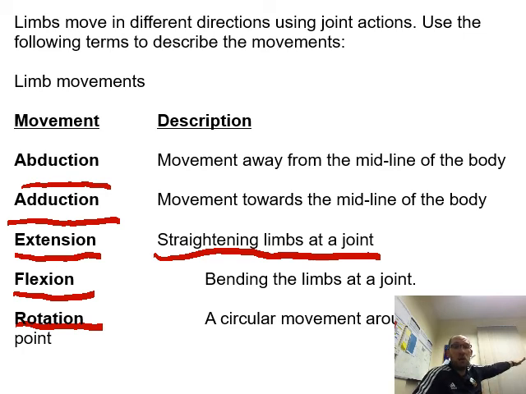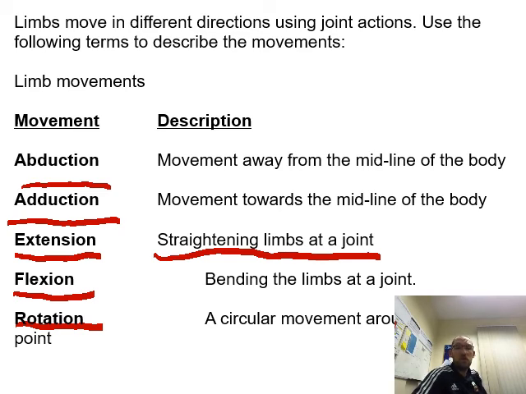So that's one way to remember it: we abduct, we take it away from the midline of our body. Now, adduction, with an ever so slight change in the spelling, is movement towards. You're bringing the arm back towards the midline of the body. So when you go back to the middle, you're moving your leg back to the midline of the body.